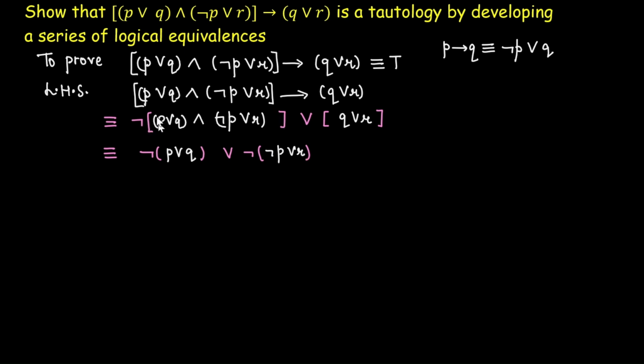Here we have removed the bracket in the next step because the next operator is or. So we write or as it is and this proposition as it is without bracket because the operators are same. Here we have used basically De Morgan's law because we have distributed negation over the bracket.